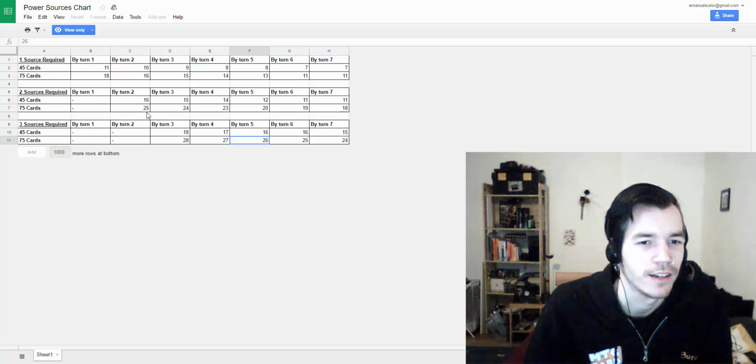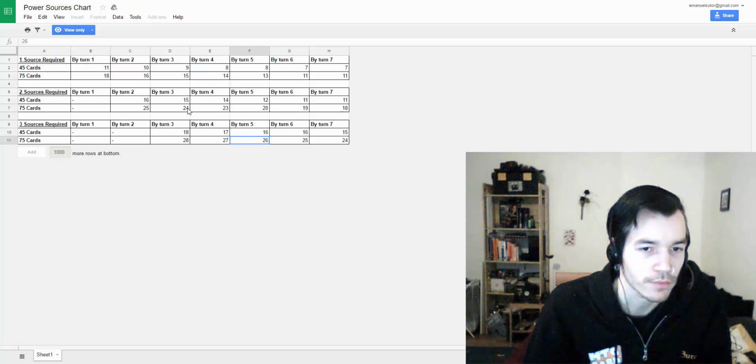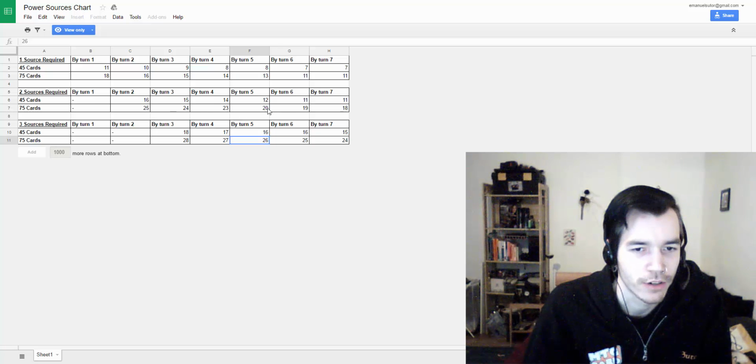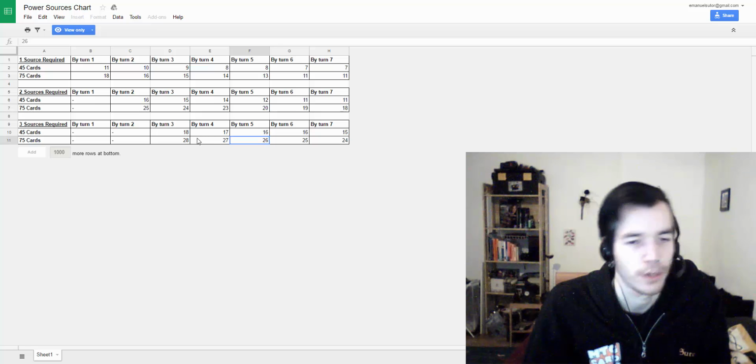So basically, thanks to the redraw, you have 100% chance on that, and then down the road you have a pretty good chance to hit 3 and 4 still, especially with the redraw.